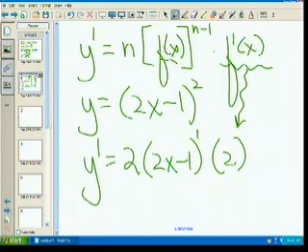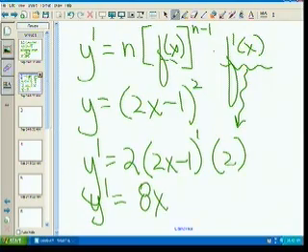And that is the derivative of the inside function. So let's get an answer, and then we'll check it by doing this problem another way. The 2 times the 2, it's all product, and this is to the first. So we've got 4 times 2x minus 1, which is 8x minus 4.